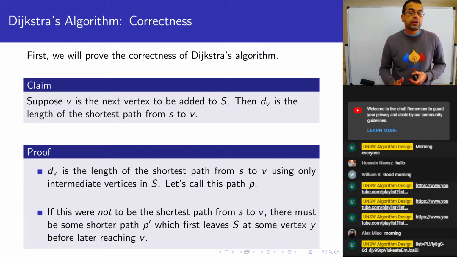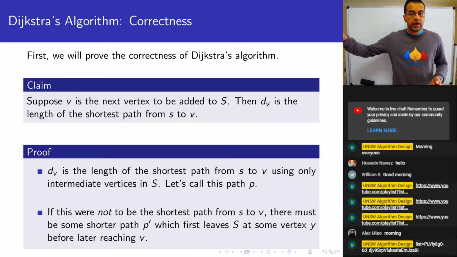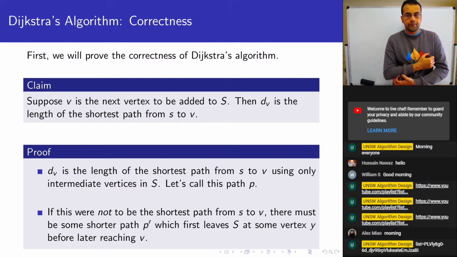If there were some better path from S to V, i.e. if the claim were false, then there must be some other path P dash which leaves S at some vertex Y and then continues on to reach vertex V.